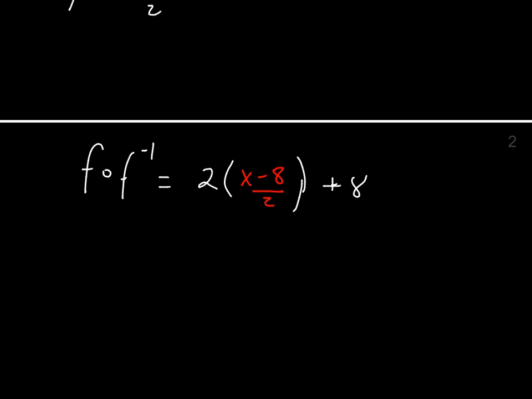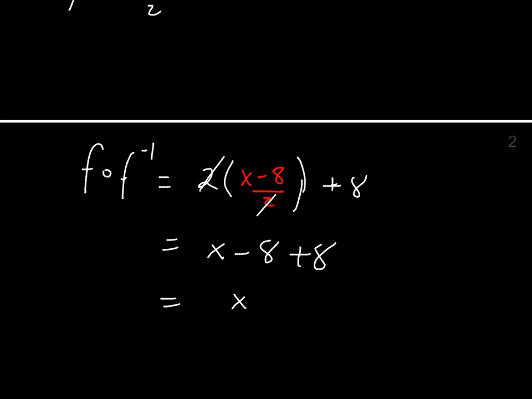Now I'm going to distribute the 2 that's in front of my brackets inside, but I notice that it cancels with the 2 over here, so what I'm left with is x minus 8 plus 8, and then the 8s cancel, and what I'm left with is x.